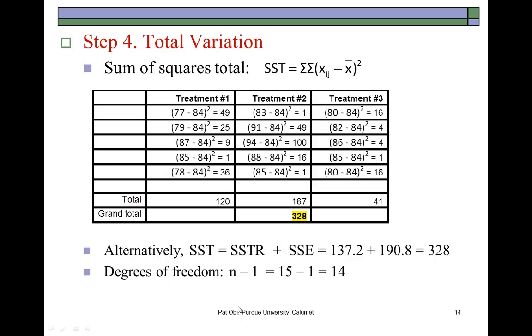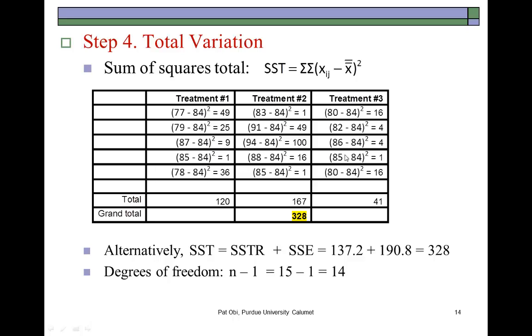Step number 4, you calculate the measure of total variation, and that's sum of squares total, which is so defined. As this formula shows, you are going to be looking at the difference between each observation and the overall mean, so that each observation, regardless of whether it is under treatment number 1 or 2 or 3, you look at the difference between that observation and the grand mean, the overall mean of 84.